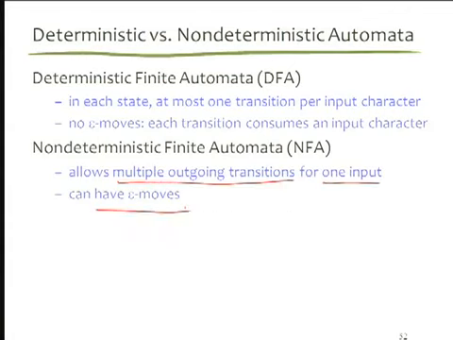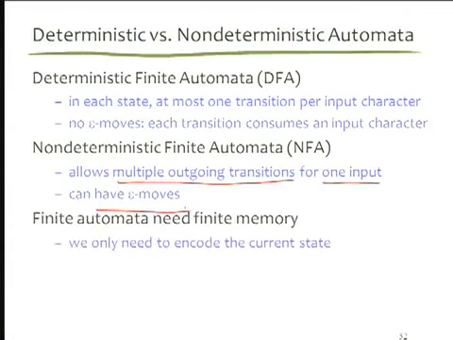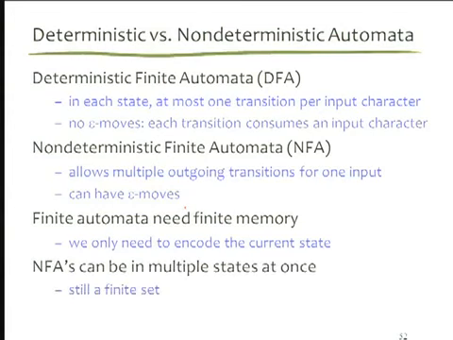And there is a reason why we are talking about them. And they still need finite memory. You can have only a fixed number of states, say 50 or 70. The number of states cannot grow as the input grows, in other words. And so they can be still in multiple states at once, because if you could make a transition in here along A as well as here along A, well, you can think of it as you ask the oracle here, well, do I go here or do I go there?